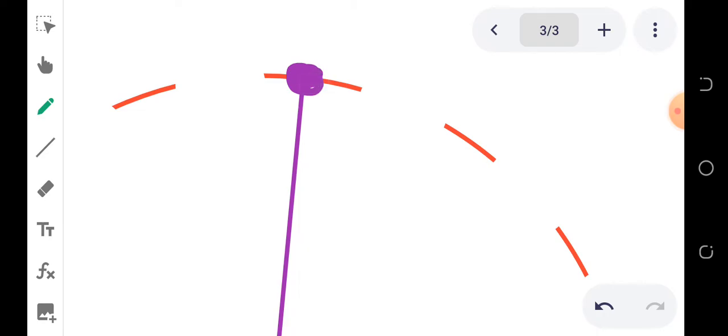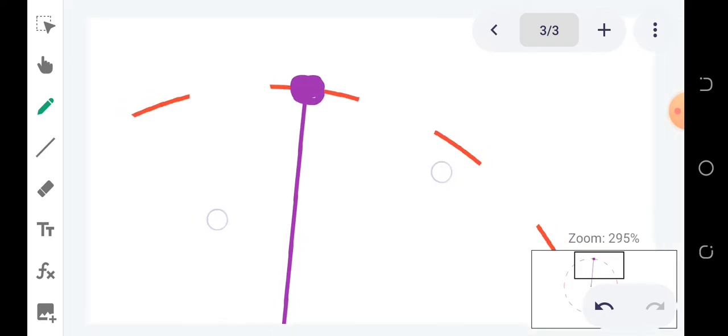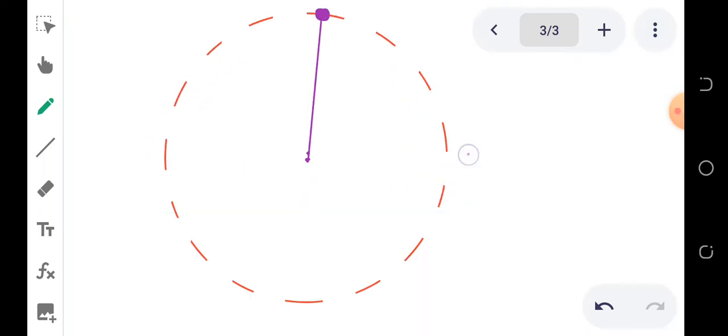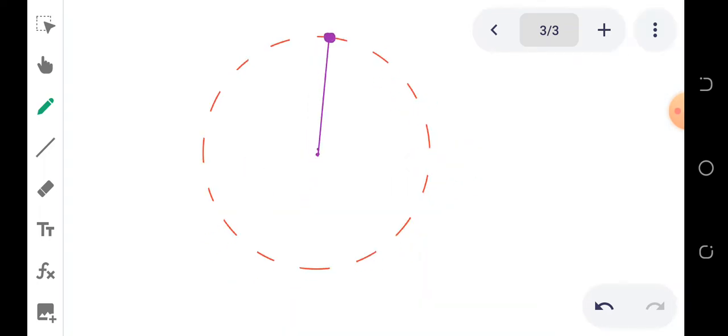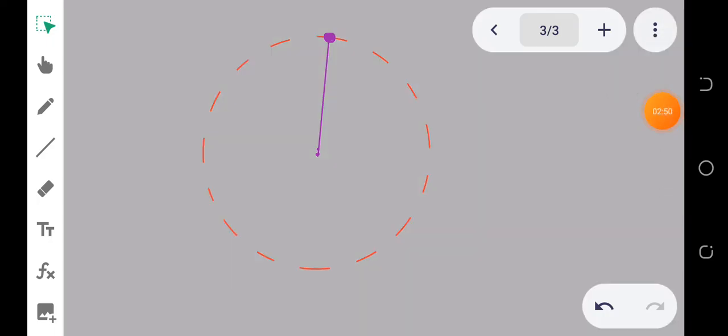This ball is swinging in this pattern. Now it will be swinging in this path.